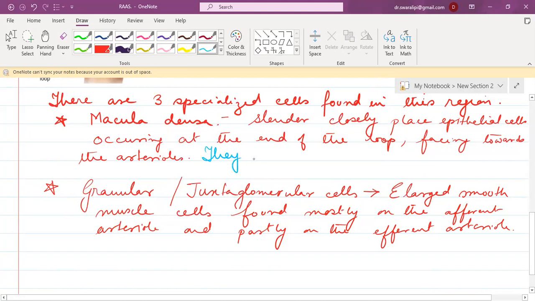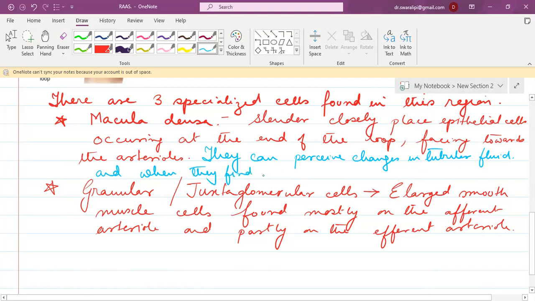They can perceive changes in tubular fluid, and when they find that perhaps the blood volume has decreased, they will stimulate JG or juxtaglomerular cells.